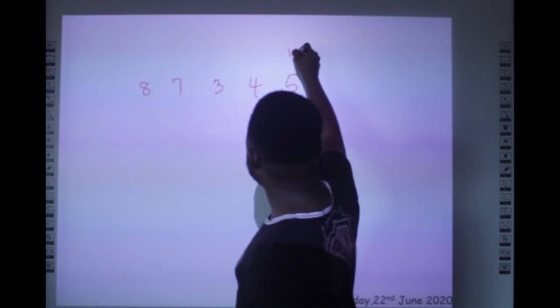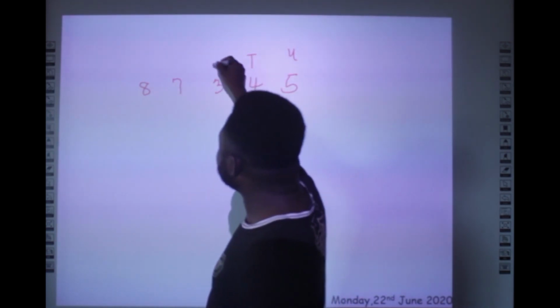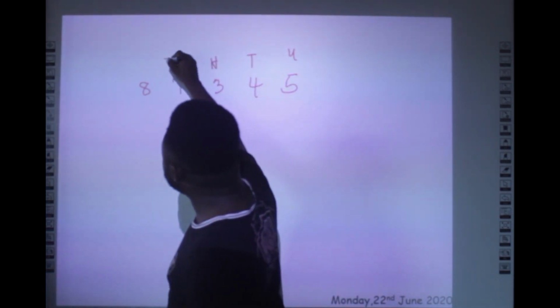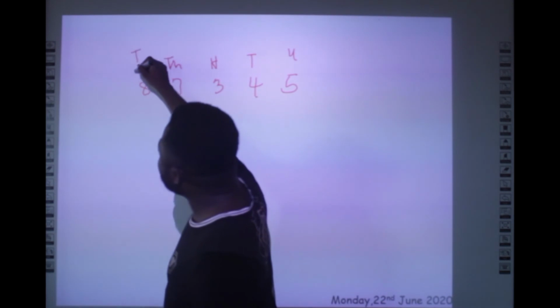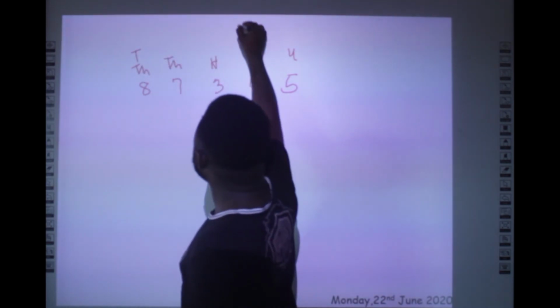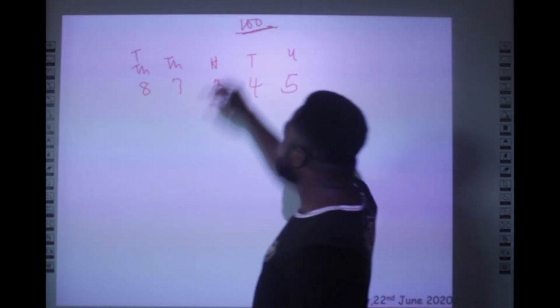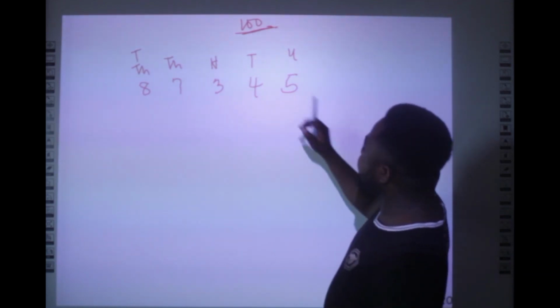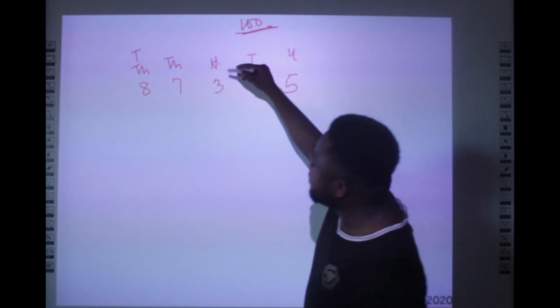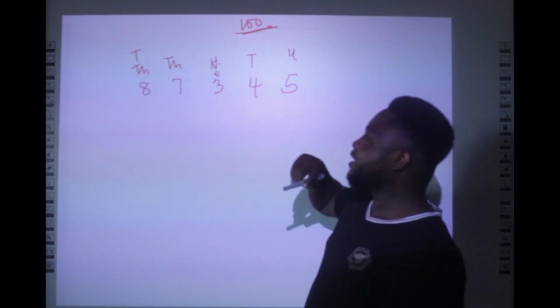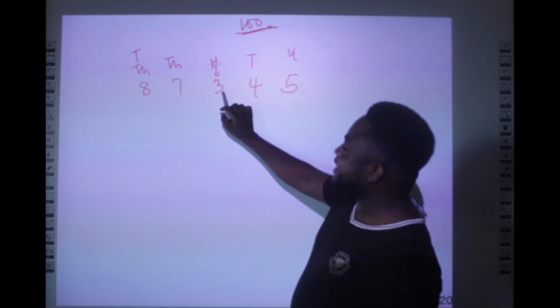So this is going to give us the units. This is the 10, this is the 100, this is the 1,000, this is 10 of 1,000. To the nearest what? 100. Now, where do we have 100 here? This is it. So this is going to be the target digit. Can you see that?